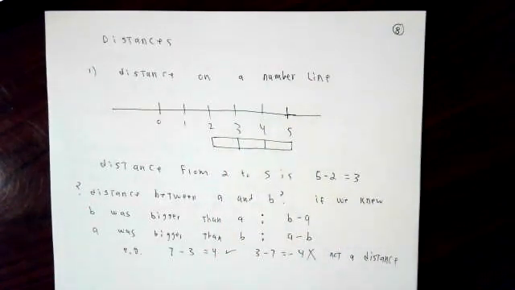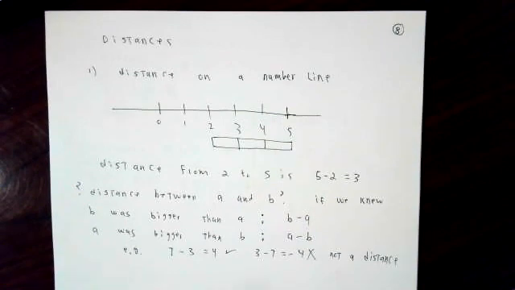So this is correct. If somebody put down 2 numbers, A and B, but they didn't tell you which one was bigger, if I knew that the B was bigger than the A was, the distance would be B minus A, just like the 5 minus 2. If I knew that the A were bigger, then it would be A minus B, though. One of these numbers is the negative of the other one.